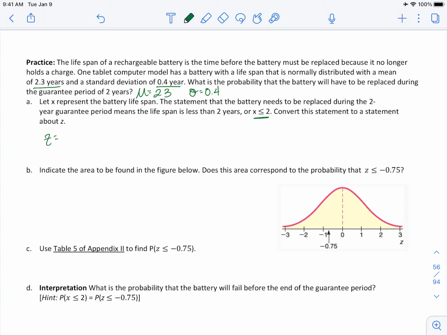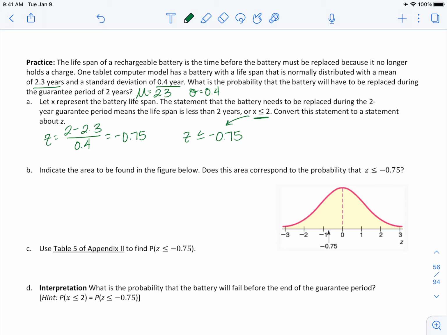We take our value minus the mean divided by standard deviation. So 2 minus 2.3 divided by 0.4. This gives us negative 0.75. So a statement about Z, we're saying Z is less than or equal to negative 0.75. Again, we're rewriting this statement, but using a Z statement.